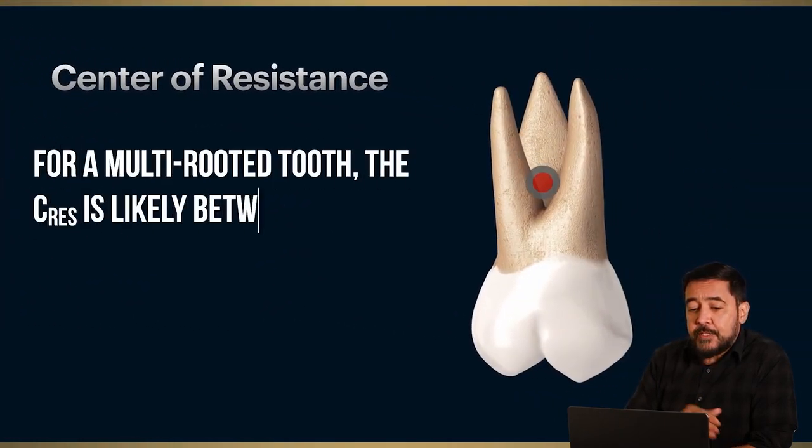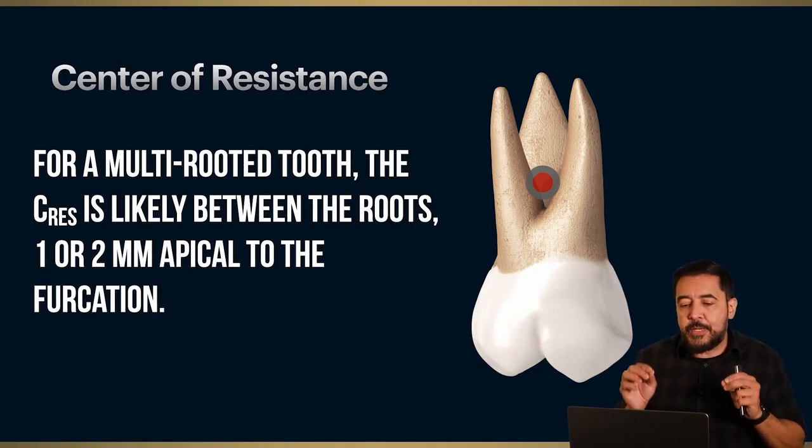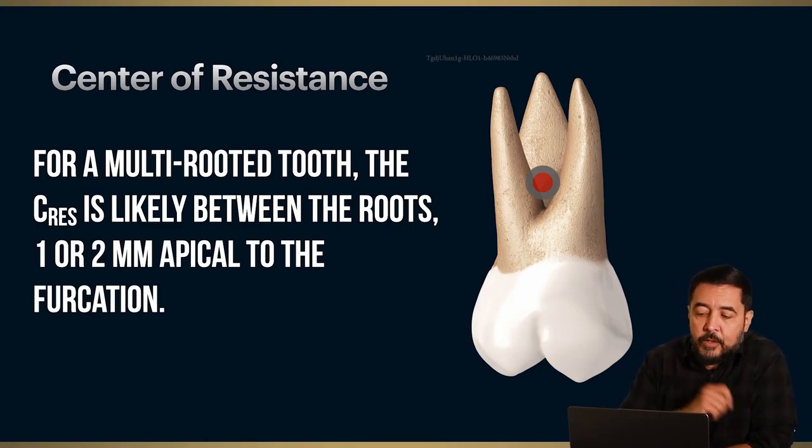The center of resistance, for example, for a multi-rooted tooth, is likely to be between the roots, 1 or 2 millimeters apical to the furcation, okay? So this is another thing that is related to a healthy periodontal tooth.